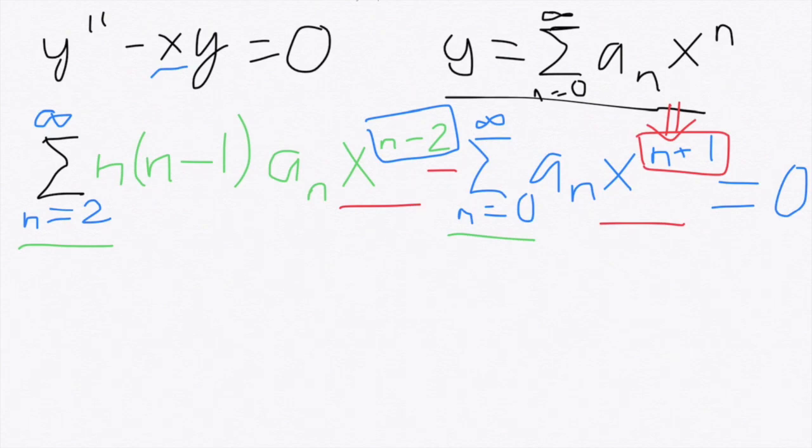Well, using our transformation of series, if we subtract 3 from the n plus 1, we can make it n minus 2. And if we do that, we'll need to add 3 to the lower index to keep the series equal.